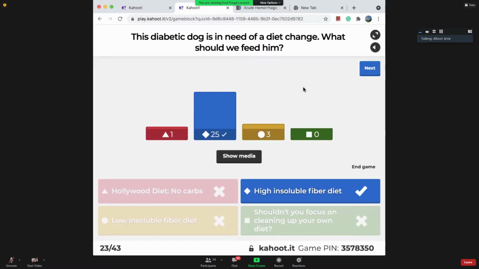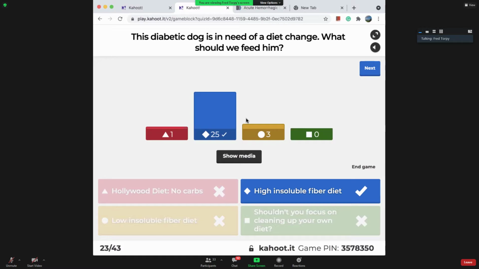Can you explain why you would not do no carb in dogs as well? Dr. Ward mentioned that these are the best diets. My understanding is, and I don't know the full nuances that an internist like her does, you're doing low soluble fiber.